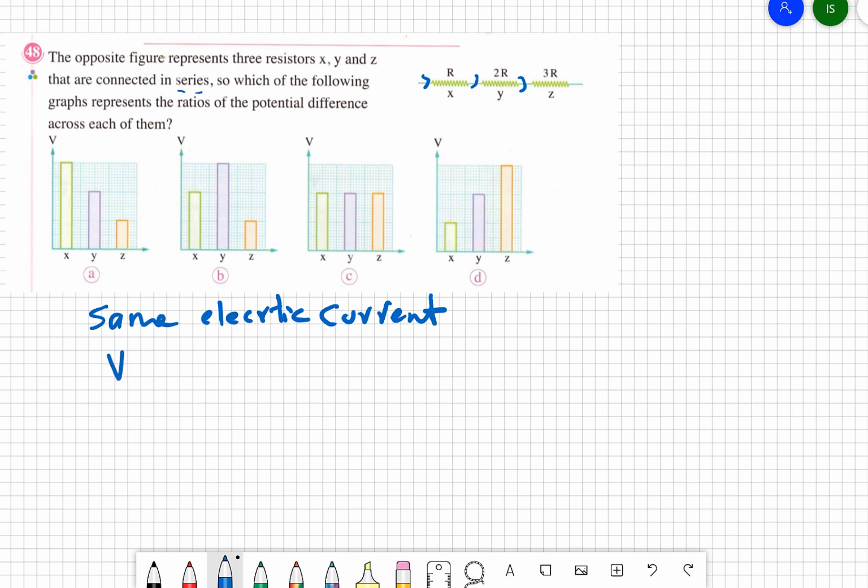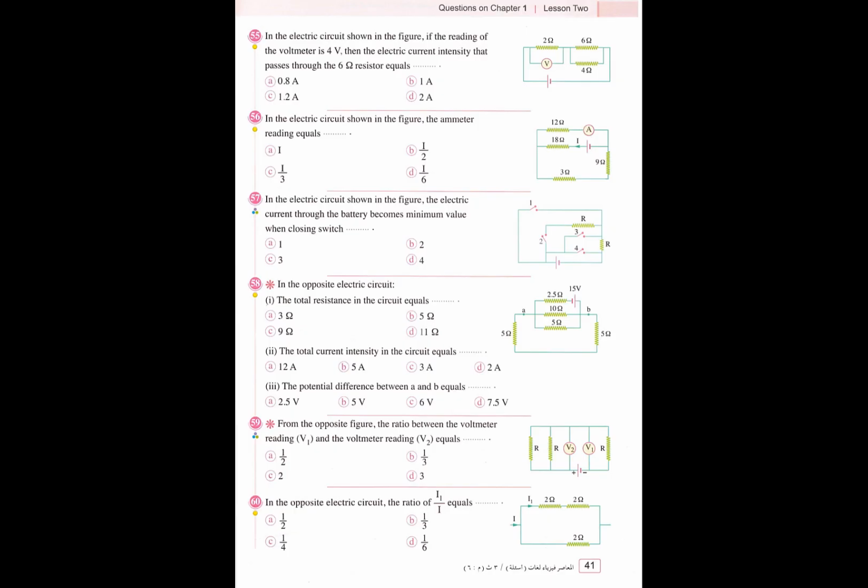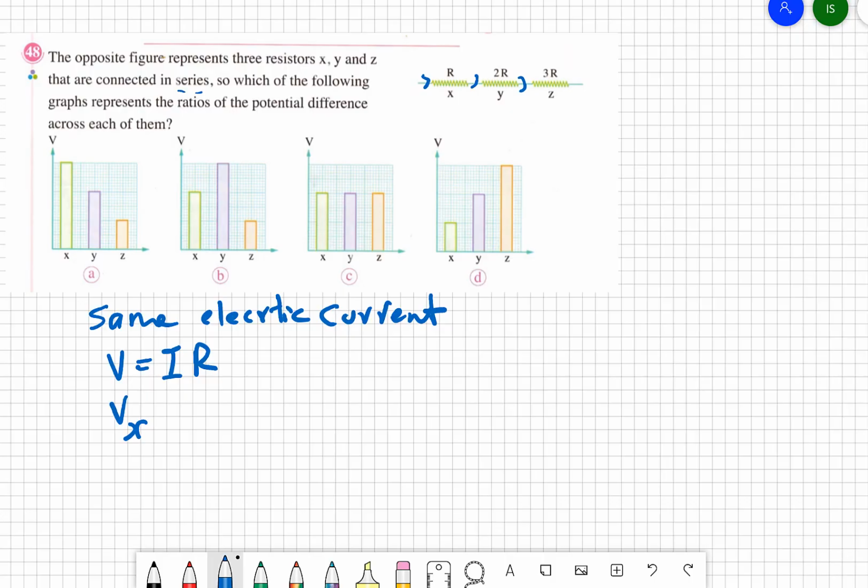You know the potential difference equals IR. I is the same. So for X, Vx equals I Rx. It is only R. For Vy equals I, same current, times 2R. For Vz equals I times 3R.